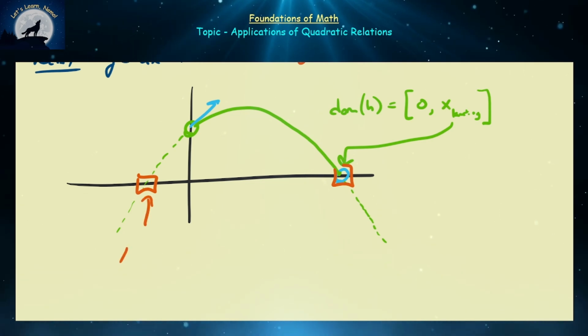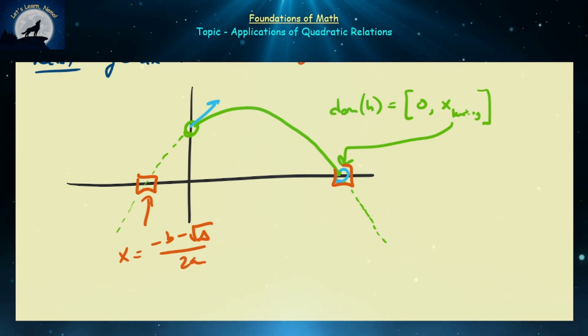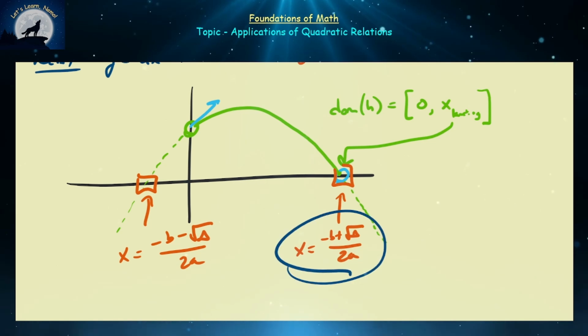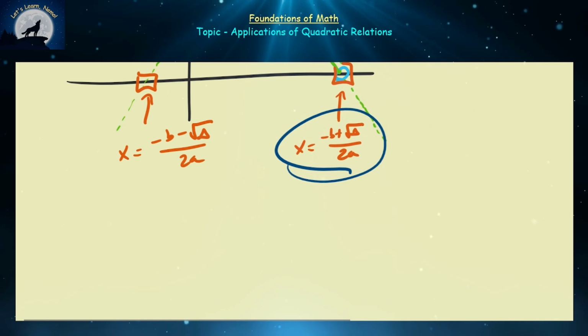So this point is going to be x is equal to negative b minus the square root of the discriminant all over 2a. And this point right here is going to be x is equal to negative b plus the square root of the discriminant all over 2a. So this is going to be the position for which our object is going to land.